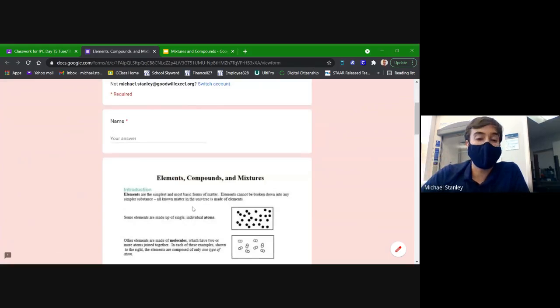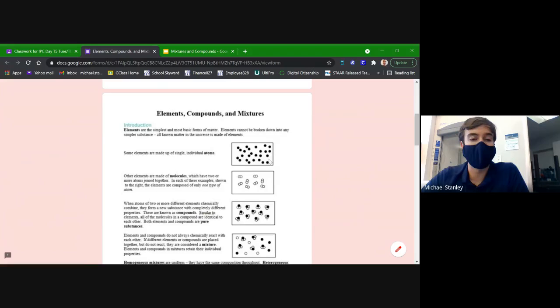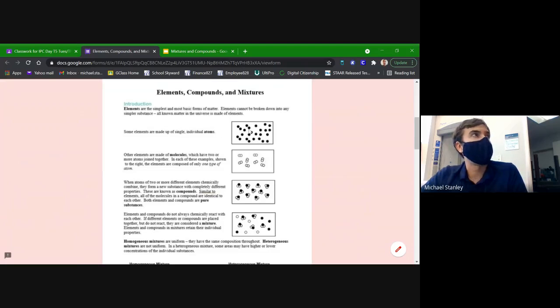So for today's homework, it starts off with a little bit of an overview of some of the stuff that we were just talking about, in case you need a little bit of a refresher. So we have our individual atoms that are our elements. They can be single atoms on their own or 2 of the same atom that are together. These are both elements right here.